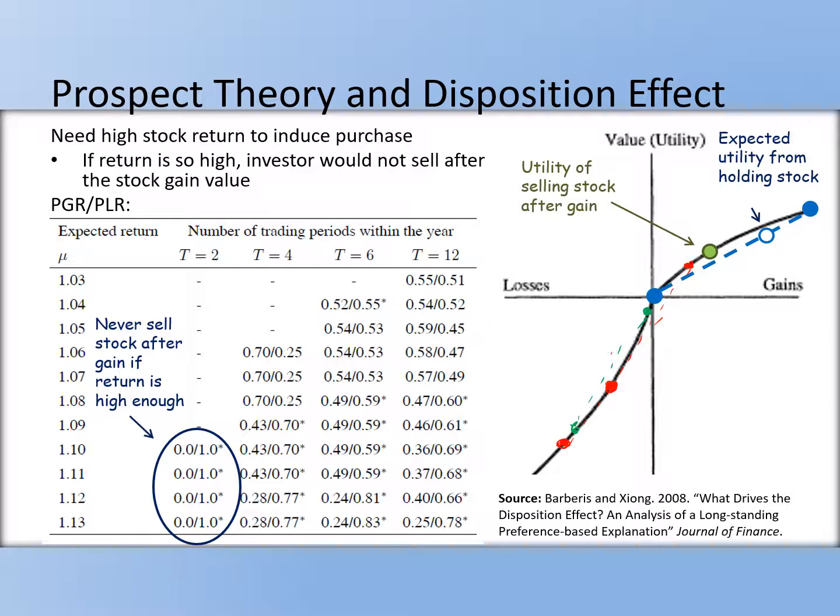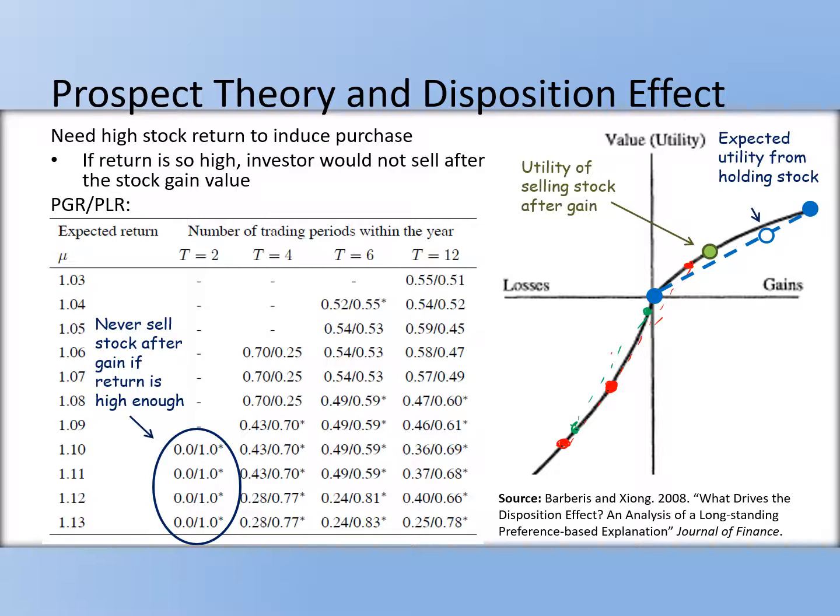Using the same numbers they estimated, you can see that it simply cannot generate the disposition effect. Start from here, goes up, goes down, and it actually does not produce the disposition effect.